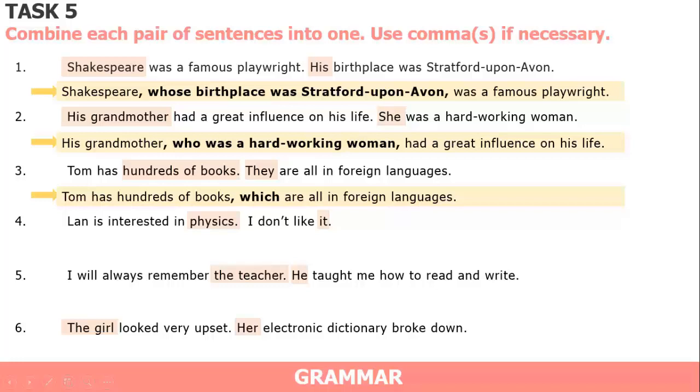Physics, in question number 4, is non-personal. So, we have to use which. This is the answer. Lang is interested in physics, which I don't like. Especially, remember to add a comma before which, because this is a non-defining relative clause.